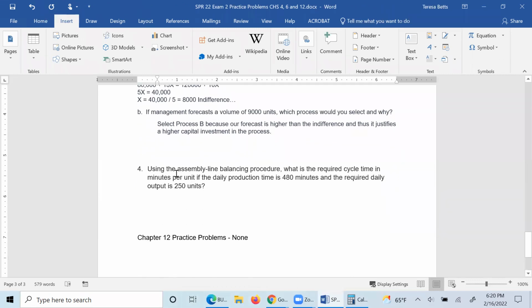Okay. Then question 4, using the assembly line balancing procedure, what is the required cycle time in minutes per unit if the daily production time is 400 minutes and the required daily output is 250 units? Cycle time is equal to time available divided by required output.